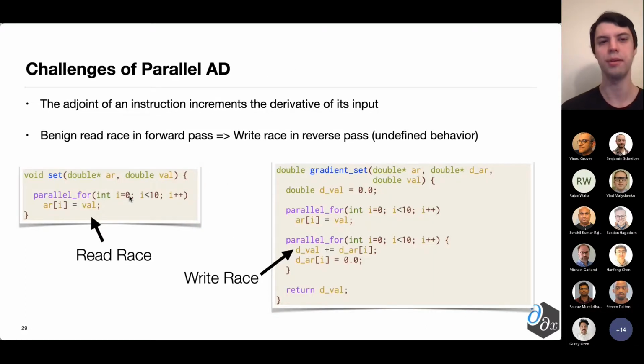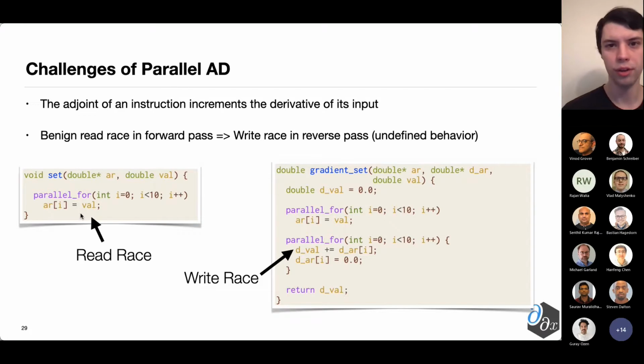So before we talk about GPU-specific parallelism, let's do a slightly easier version with just generic parallelism. So suppose we have just a parallel for loop here on the left, where we set the output of a given array at all indices equal to some value. Now, we read for all iterations of this loop the same value val, and that's completely safe and completely fine here, no undefined behavior.